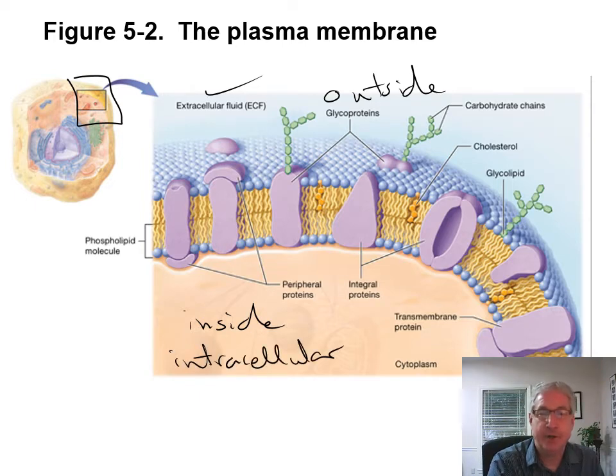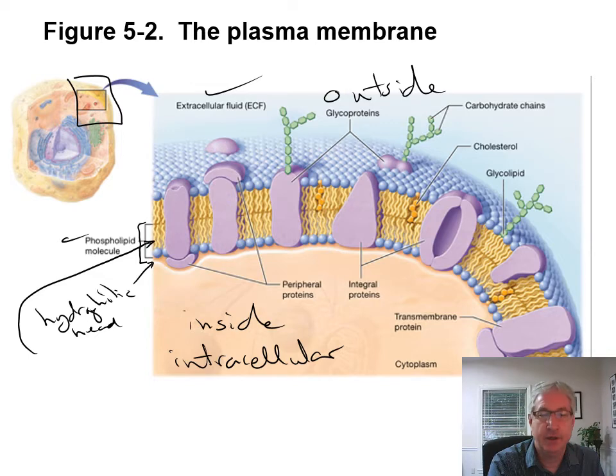Okay, so here's a phospholipid molecule, right there. So here's your hydrophilic head, and there is your hydrophobic tail. Okay, and then you have all these proteins I show here, except for this one.